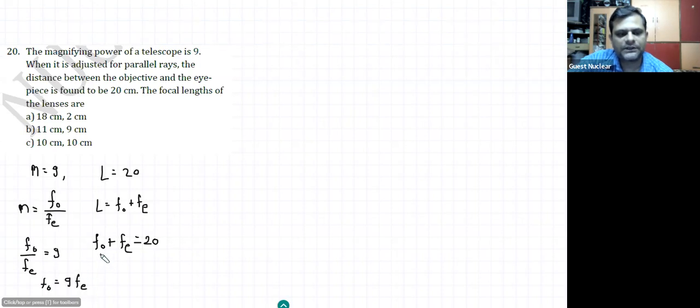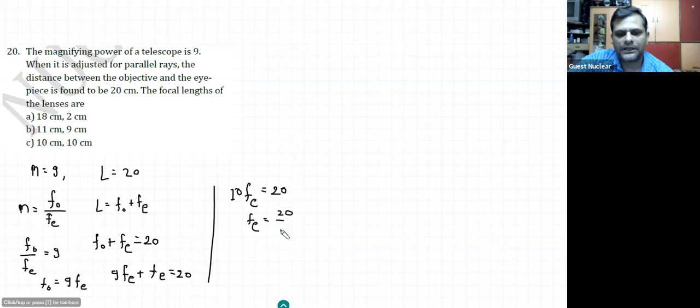Then 9 times of FE plus single FE happens to be actually 20, correct? Which means 9 FE plus FE कितना बनता है? 10 FE बनता है. So 10 FE is going to be 20, means FE should be equal to 20 upon 10, which is actually going to be 2 here.